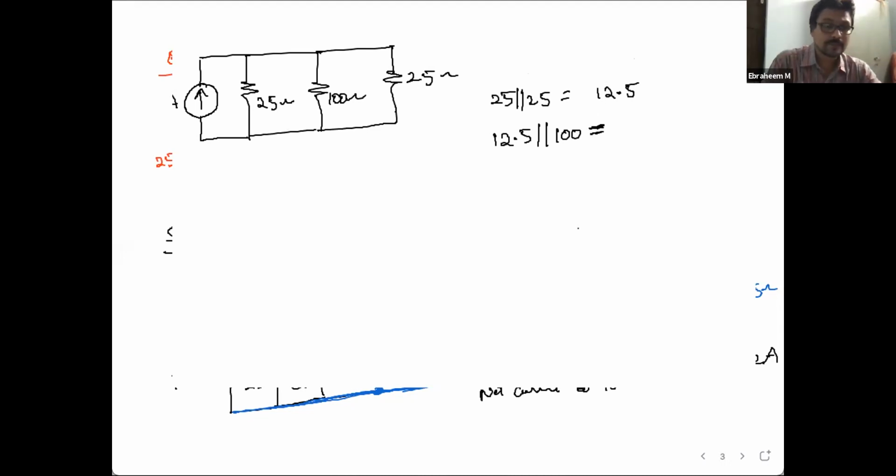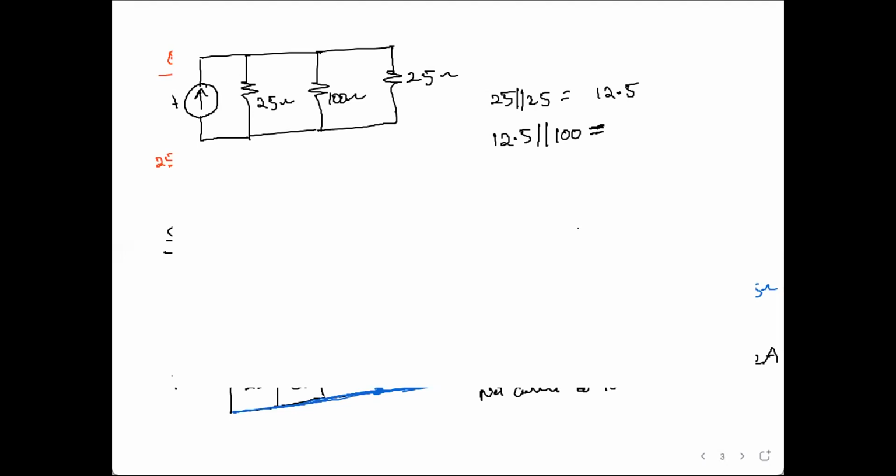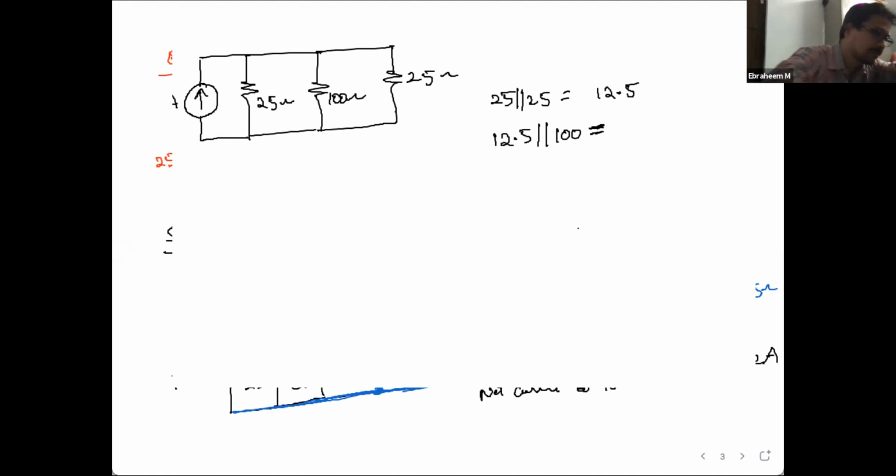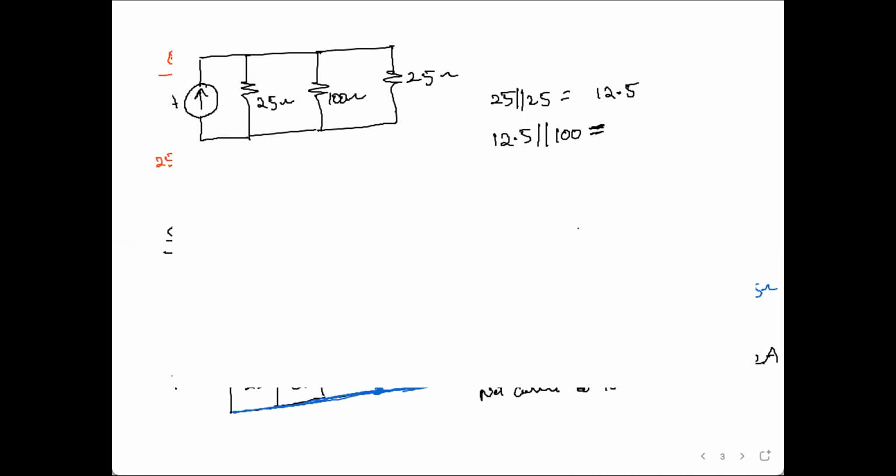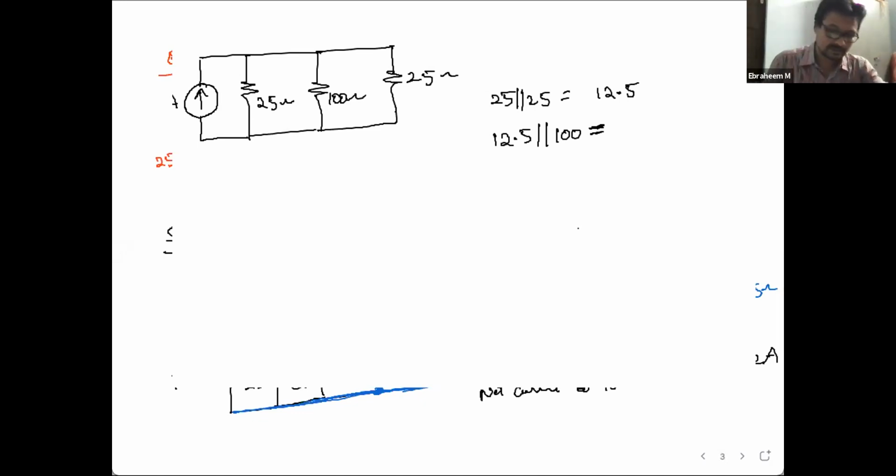How much is it? 11.11 ohms. Right, so 11.11.